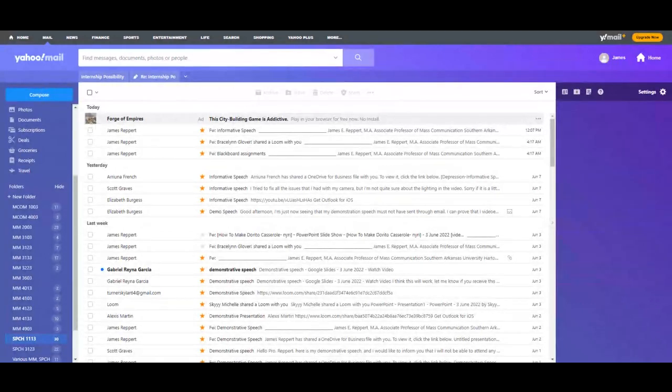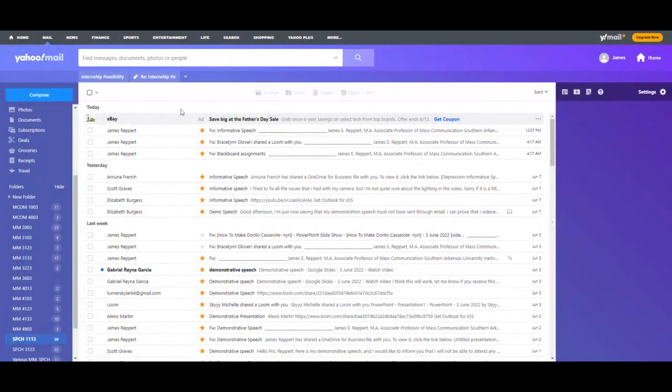Starting with Ellie at the bottom, Scott, Ariana, and then you see my name, but there were a few of you, including Bracelin and I believe someone else, who sent me materials to my SAU email address. And while you're looking at that on the screen, I'm going to check my SAU email one more time, and I don't see anything else there.